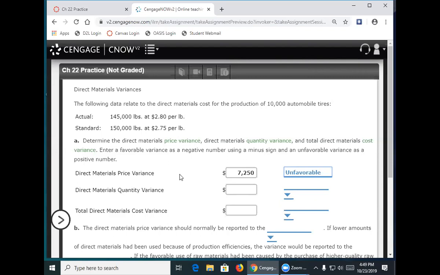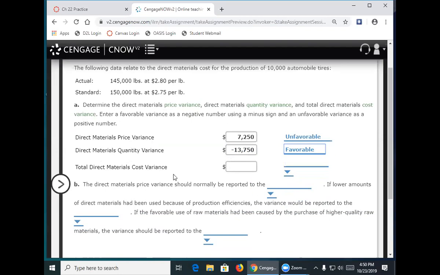What is my quantity variance? Negative 13,750. Very good. Since we got a negative number, that's actually a favorable variance, contrary to your notes. So that one is a negative 13,750, and it is favorable.